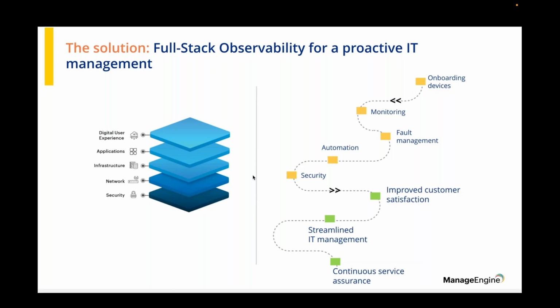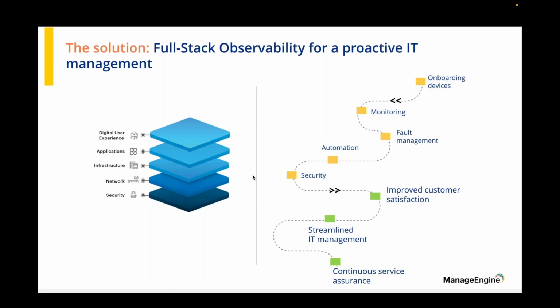When you have a dynamic and distributed IT, that means you may have multiple branch offices and multiple teams dealing with different kinds of access. When you have this kind of complex IT infrastructure, there should be a smart way to onboard and understand the changes happening in your IT, to give efficient monitoring, identify better fault management if there is a fault, and then create effective automation to ensure security as well.